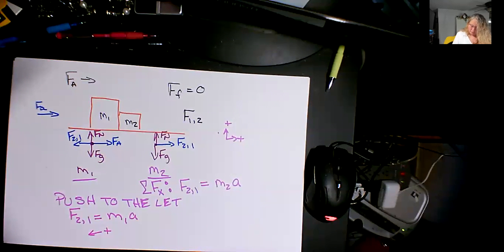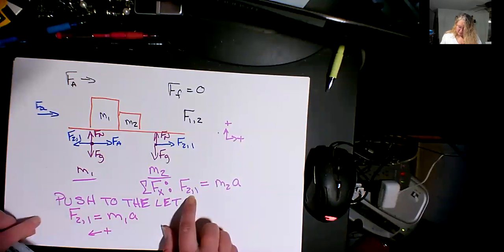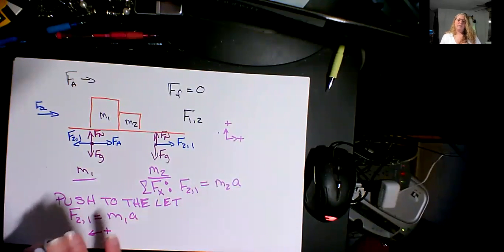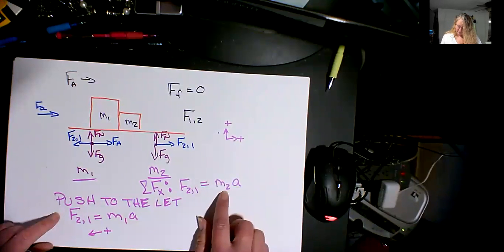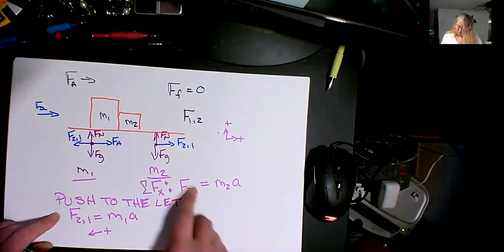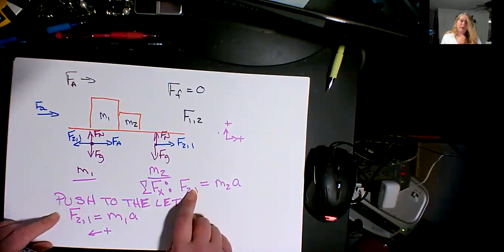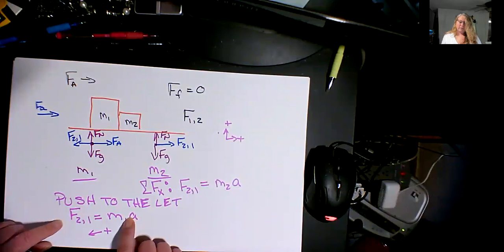When I look at their normal forces, what I'm seeing is that the normal force between them, because they have the exact same acceleration, otherwise the boxes would be getting all smushed, depends on the mass. Mass 2 is smaller, so the force of 2 on 1 is going to be smaller than the other one.